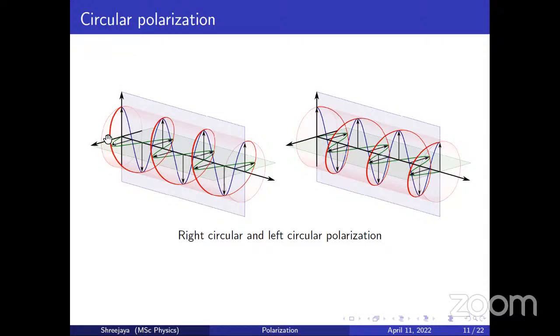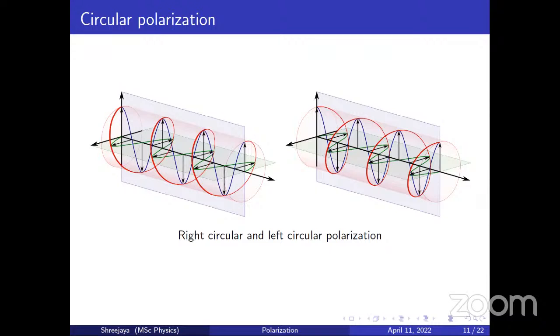So when the phase difference is minus 90 degrees, it will be right handed circular polarization, and vice versa. When the phase difference is plus 90 degrees, it will be left handed circular polarization. And this right handed and left handed is from the point of view of the observer.